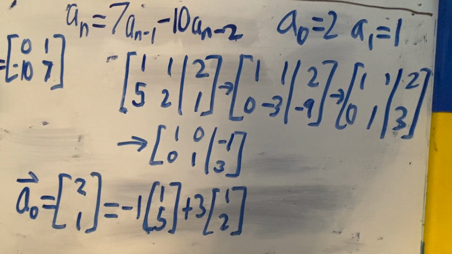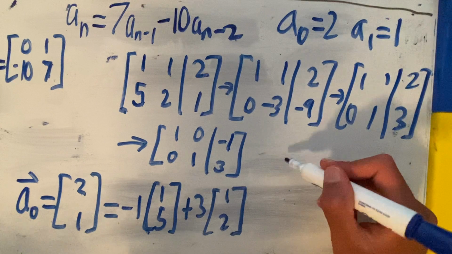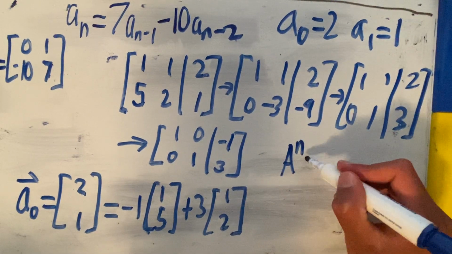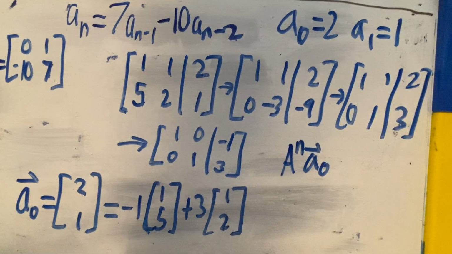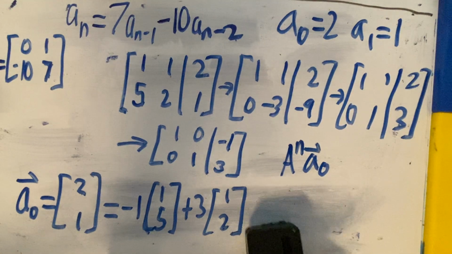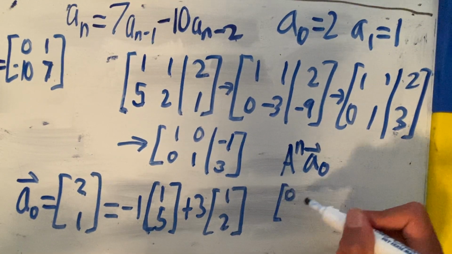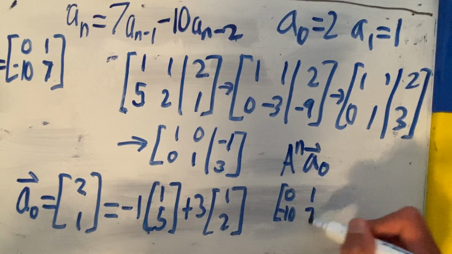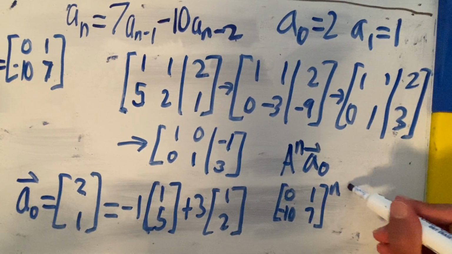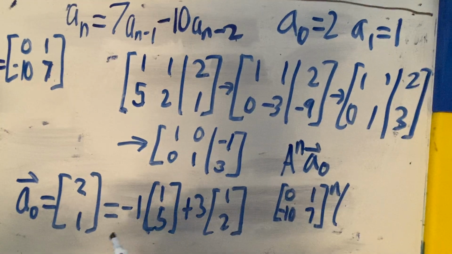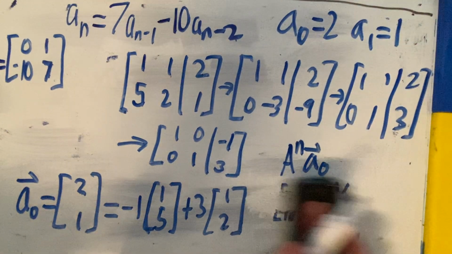So now we want A to the nth power times A0, and that's going to be 0, 1, minus 10, 7 to the nth power times all of this. Actually, I'm going to create some more space.